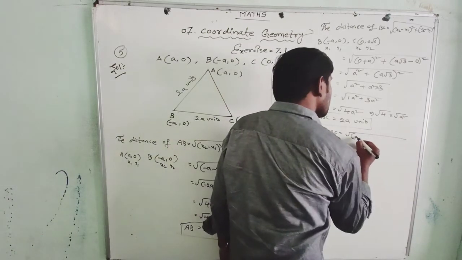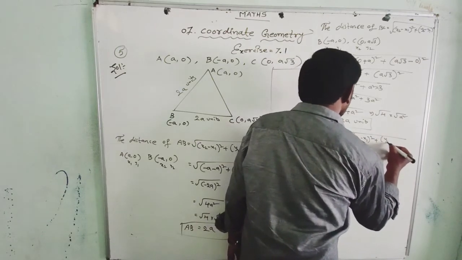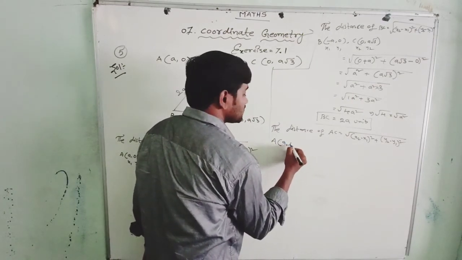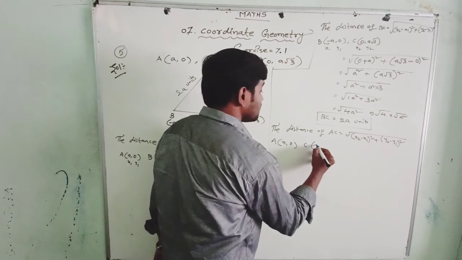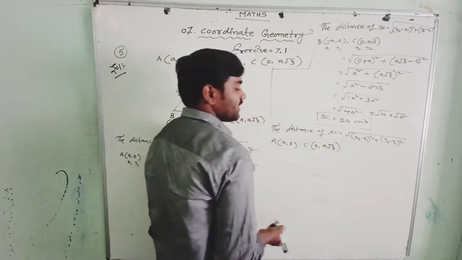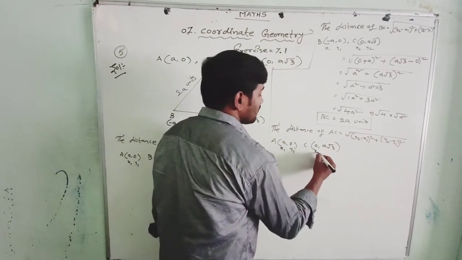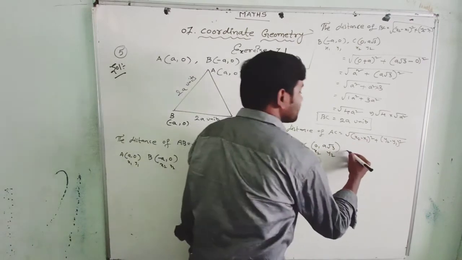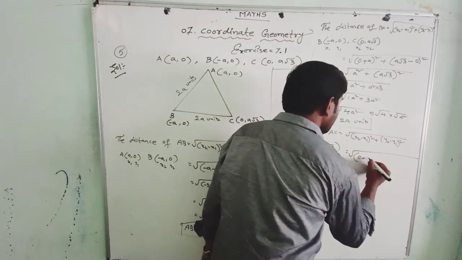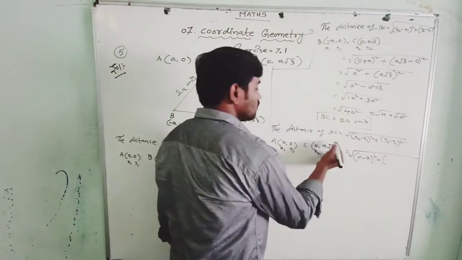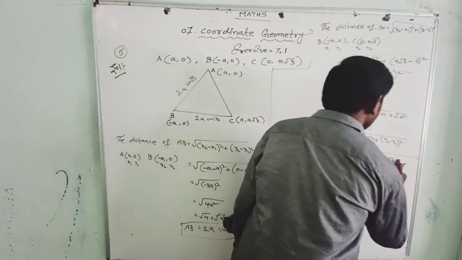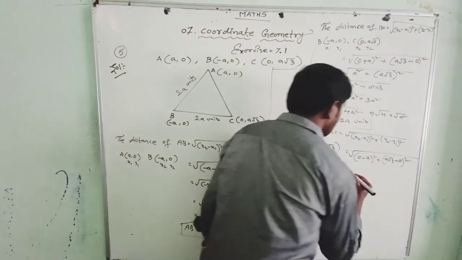And the distance of AC equals under root of (x2 minus x1) whole square plus (y2 minus y1) whole square, where point A is (a, 0) and point C is (0, root 3 a) or (0, a root 3). This will be substituted here: x2 minus x1, 0 minus a whole square, plus y2 a root 3 minus y1 0, whole square.